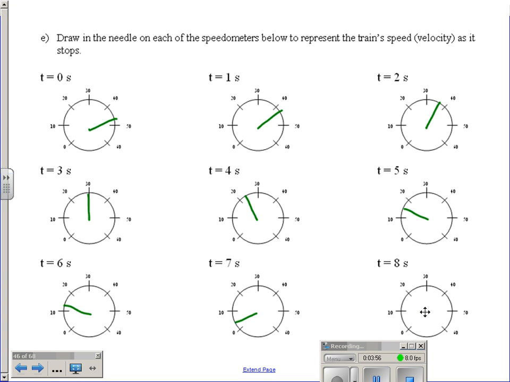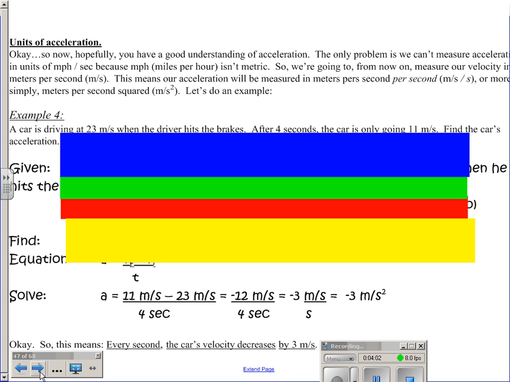Oops, try that again. 0. Yeah, it's not going to let me. That's 0. Okay, so moving on. So here we're going to do basically the same thing. Again, the answer is already showing. I'm sorry, I need to tweak this presentation here. But anyway, hopefully you've got a good understanding of what acceleration is.